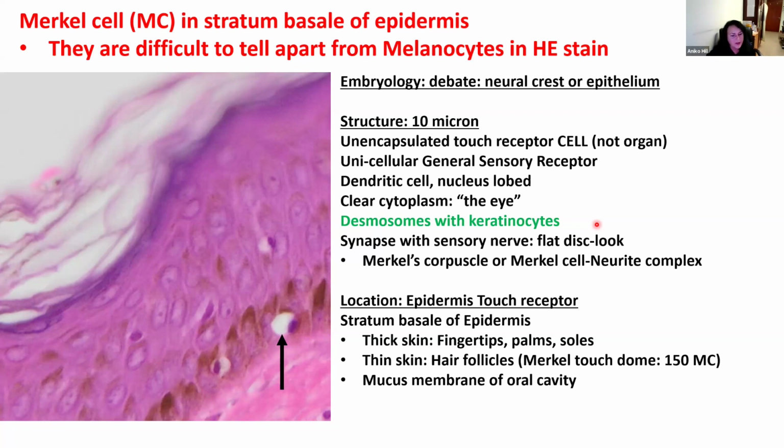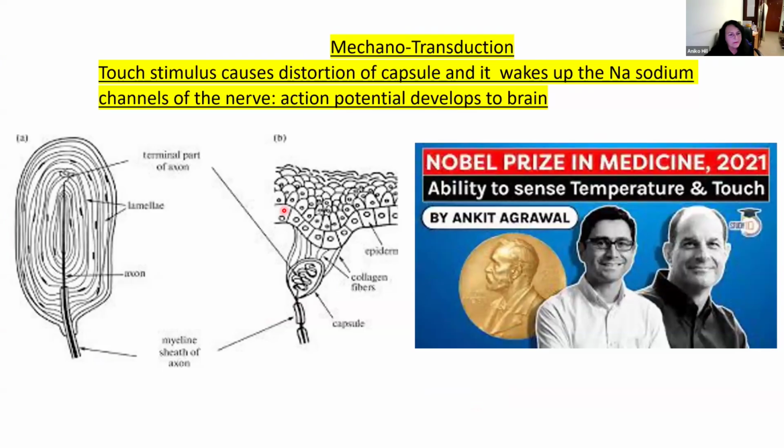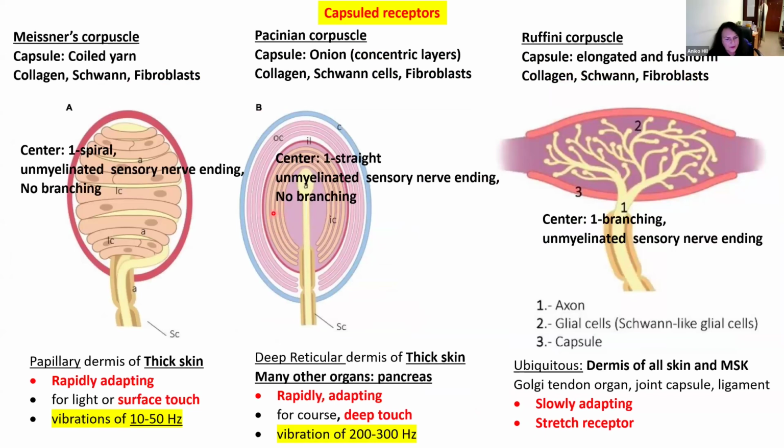One more thing I wanted to make sure that you understand, if I go back here, you see, the Meissner corpuscle wakes up from little vibration because it's very close to the surface. So this is also true to the Merkel cell, very close to the surface.